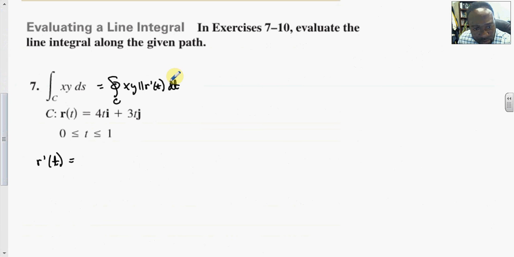And the x and the y must be represented in terms of r of t. I'll show you that in just a second. Here, the derivative of r is 4i plus 3j. Now we need the norm.